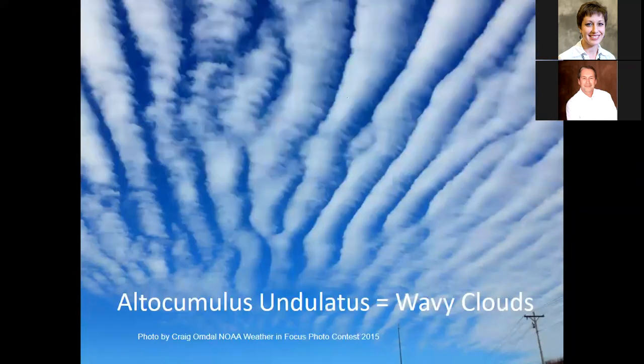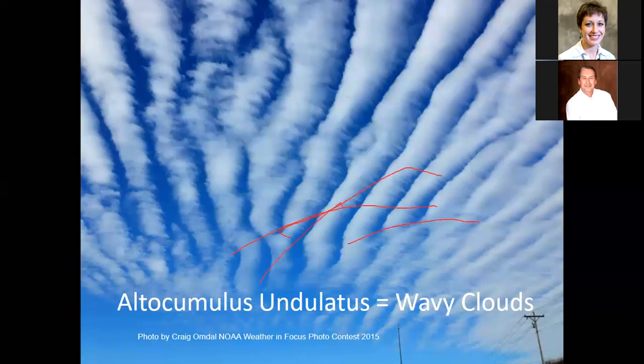Probably a lot of folks have seen these clouds. These are kind of pretty clouds too. The scientific name for it is Altocumulus undulatus. But what is causing these clouds is up at that elevation, try to picture the wind acting kind of like a roller coaster where it's going up and down.